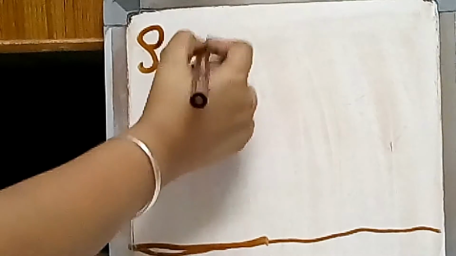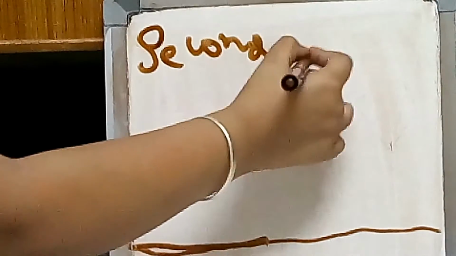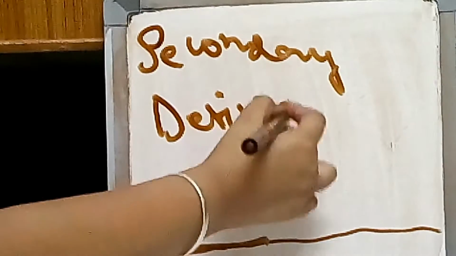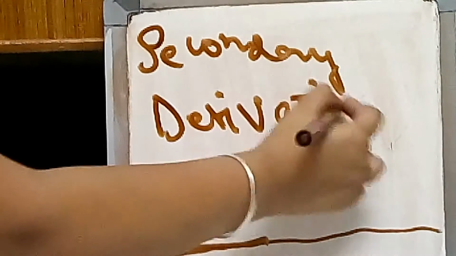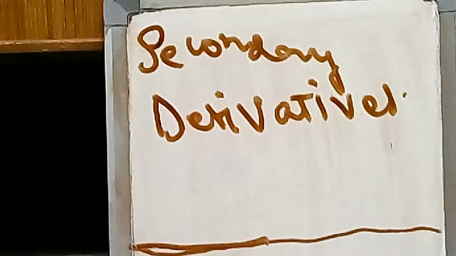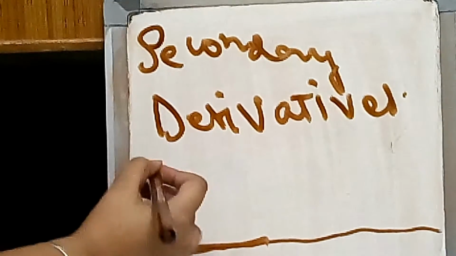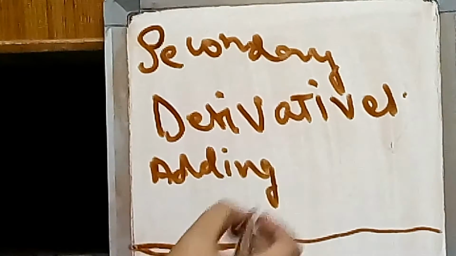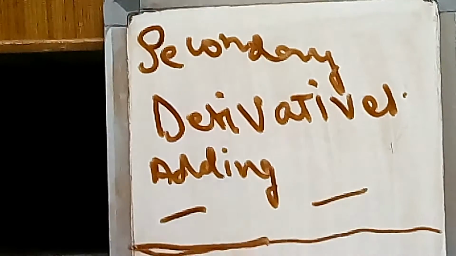Now let's continue. Then guys, we have secondary derivatives. These secondary derivatives are formed by adding something before the word or after the word.